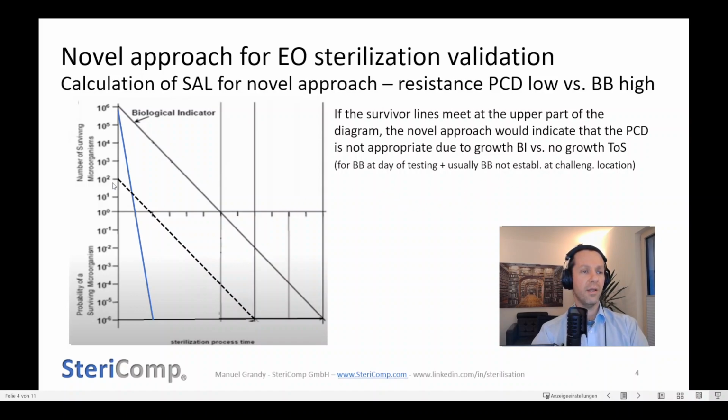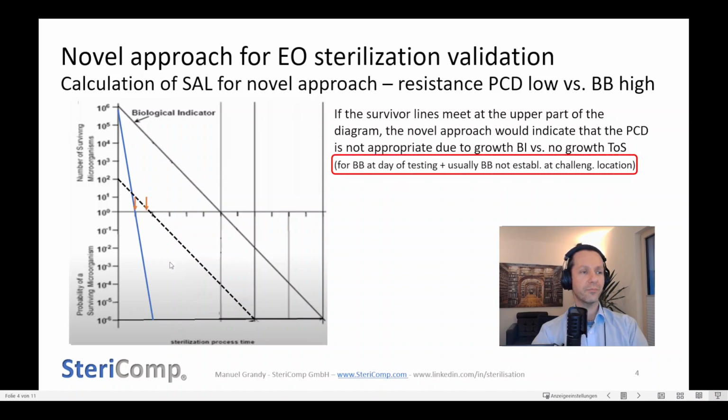So this is the bioburden at the day of testing, as I said already. And usually you would not know this starting point, okay? It's very difficult to define this. But let's assume it simply is like this at the day of testing.